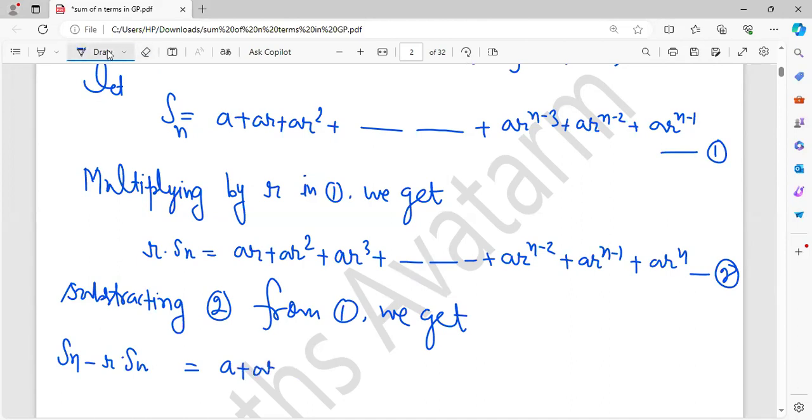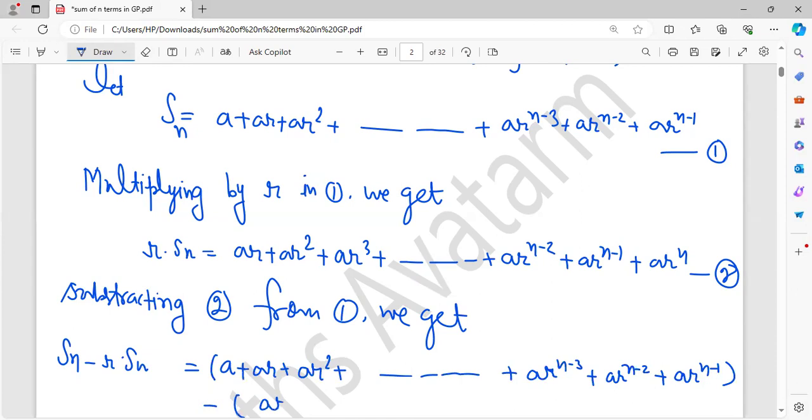So A plus AR plus AR square, AR to the power n minus 3, AR to the power n minus 2 plus AR to the power n minus 1, minus AR plus AR square plus AR cube, AR to the power n minus 2 plus AR to the power n minus 1 plus AR to the power n.